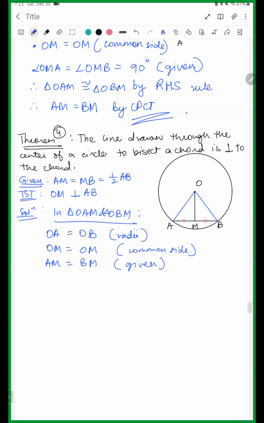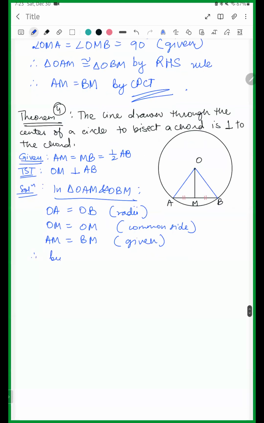Okay. So therefore, by SSS rule, triangle OAM is congruent to triangle OBM. Therefore, by CPCT, this angle over here is going to be equal to this angle over here, which is angle OMA is going to be equal to angle OMB.